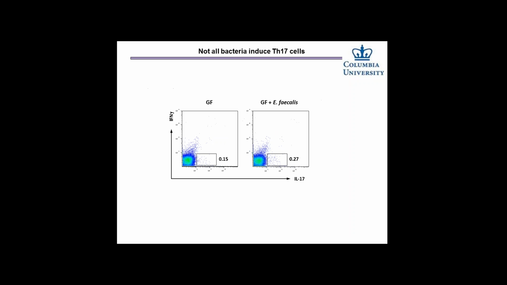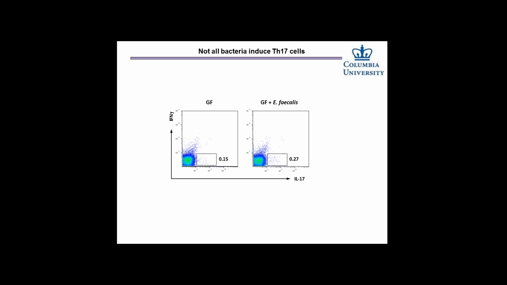So the next question we asked is whether this is due just to the presence of bacteria, or is it the presence of specific bacteria? The first set of experiments that we performed was to colonize germ-free mice with individual bacteria. In fact, we performed a number of experiments in which we colonized either with individual bacteria or with combinations of bacteria that we can grow in the lab.